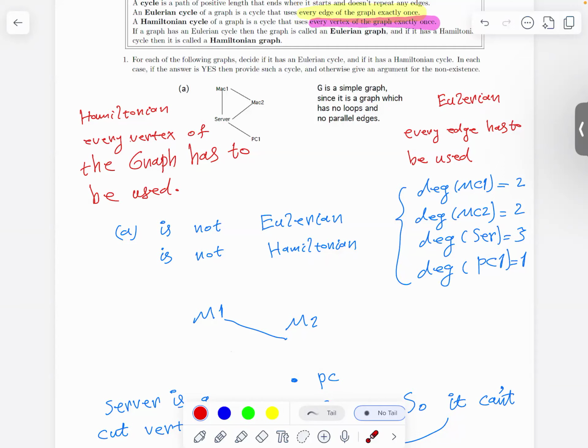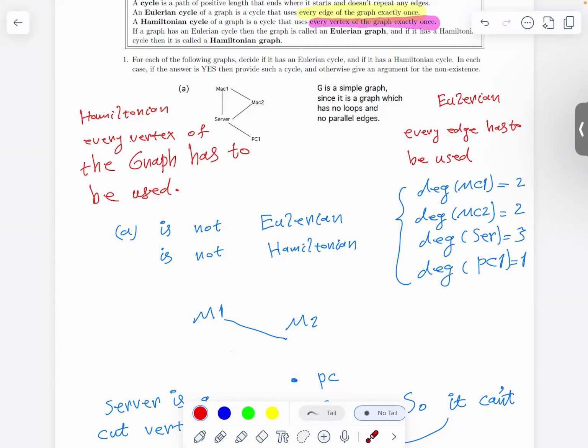However, to see whether a graph has an Eulerian path or not, you need exactly two odd degrees, 3 and 1. One of them will be the start and the other one will be the end. So this one, this. It's an Eulerian path. For the Hamiltonian path, I have to start from these: Mac 1, Mac 2, server, PC1.